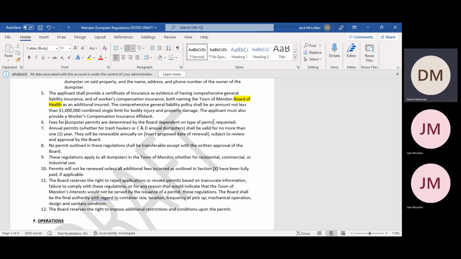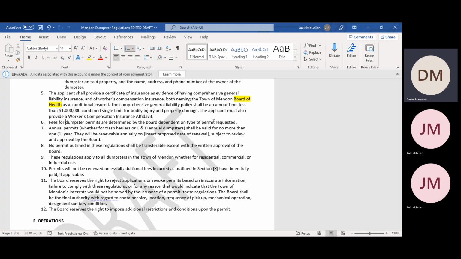So the contractor is deciding what type and how many dumpsters they want to be providing. They're either a trash hauler, which means they can provide any number of dumpsters of any kind. They can be just C and D, in which case they can provide any number of C and D for any length of time, or they can get temporary dumpsters, singular dumpsters for brief periods of time. Those are the three categories. Each category is more narrow than the last.